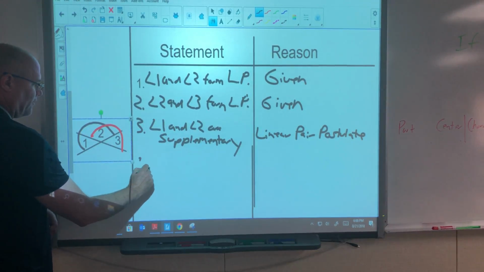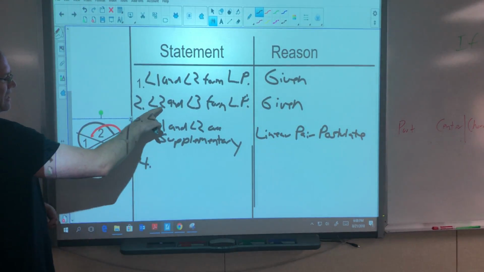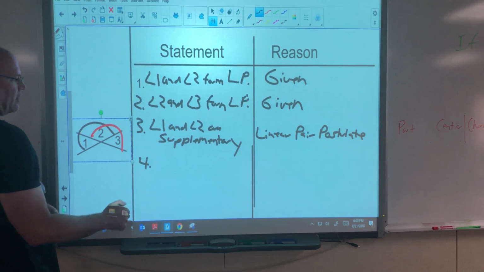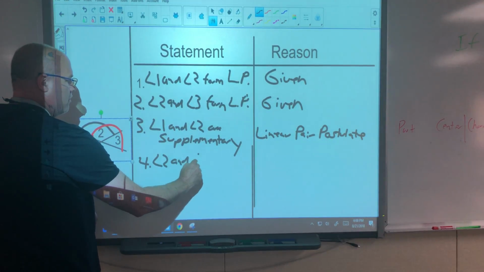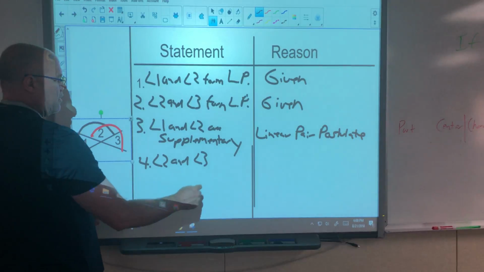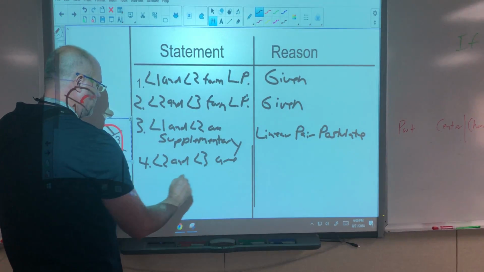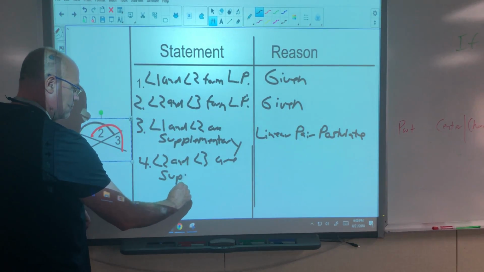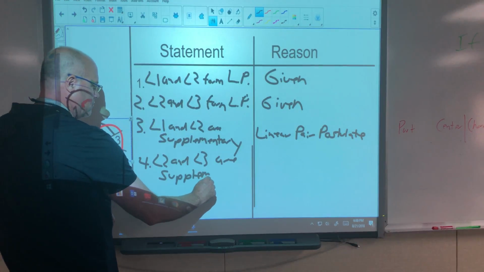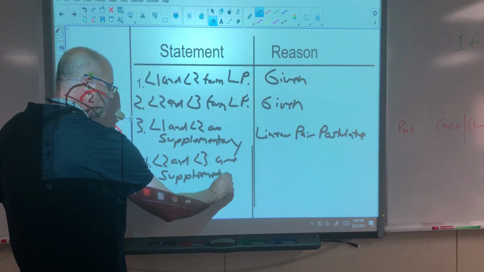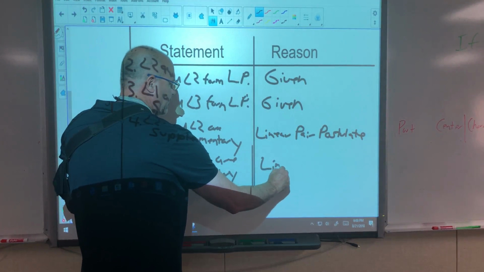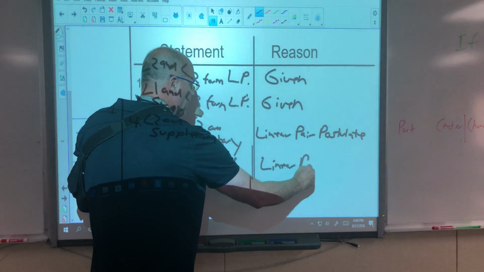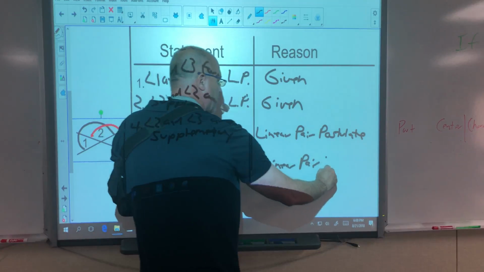All right. So our fourth statement, we're going to say the same thing here. We're going to say angle 2 and angle 3 are supplementary. And the same justification: it's the linear pair postulate.